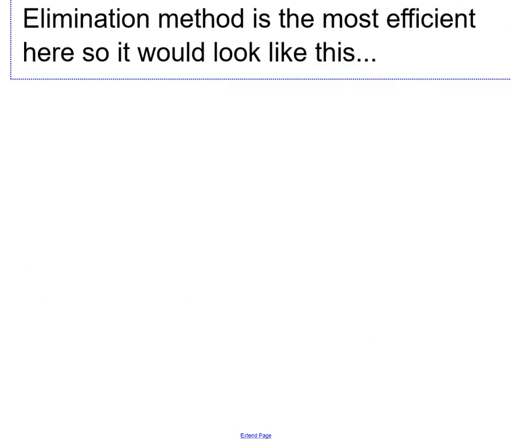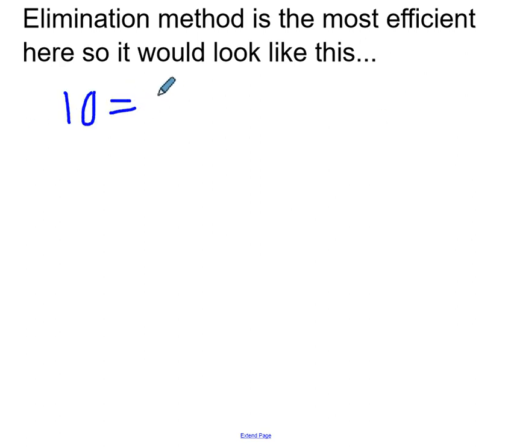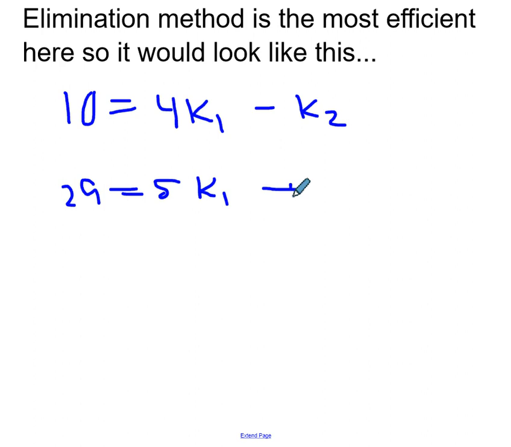Okay, so let's look at this. We had 10 is equal to 4k1 minus k2. And here we had 29 is equal to 5k1 plus 7k2. So when we work with elimination, the first thing we need to do is change one or two equations so they have the same number here.